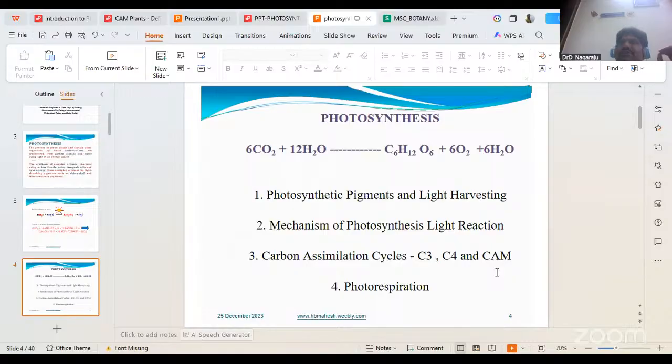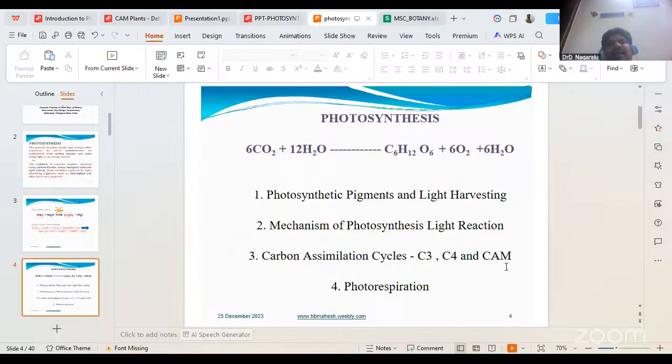In the presence of carbon dioxide, are you having the sugar? Not BP sugar: RUBP, ribulose 1,5 bisphosphate. Don't confuse it.